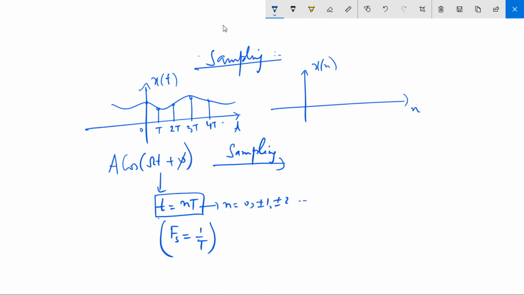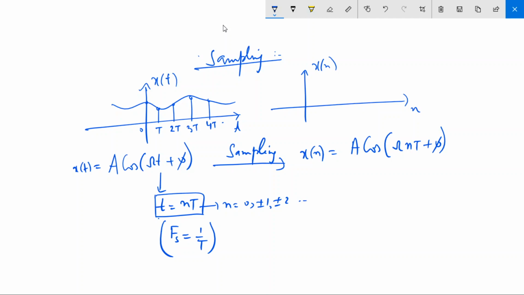If I replace small t with capital N into capital T in x(t), I will get its sampled signal, because now we're getting samples only at 0, then at T, then 2T, and 3T. It means my equation will become x(n) is equal to A cos of omega, in place of t it will become nT, plus phi.